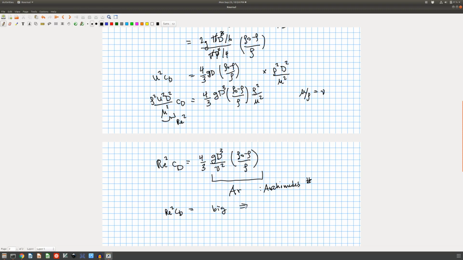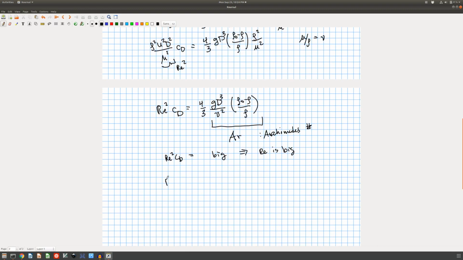That tells me that very likely the Reynolds number is big. Whereas if the Reynolds number squared CD is small, then most likely the Reynolds number is small. So what I can do is calculate this thing over here, and then using that I can guess which expression for CD I should use.